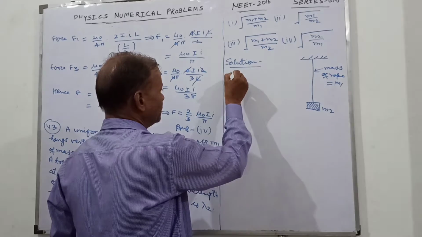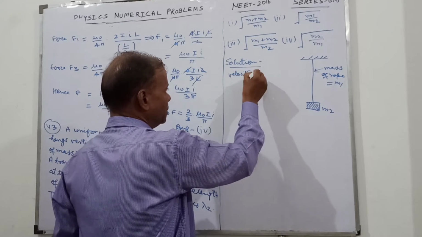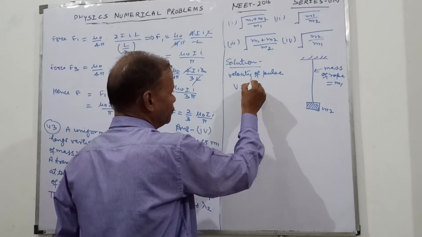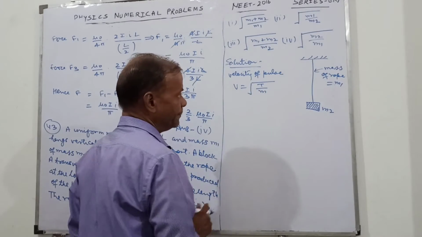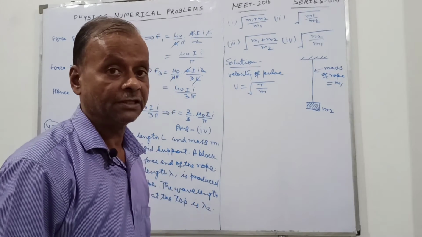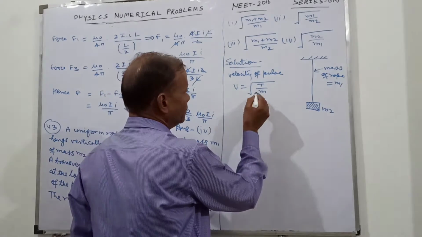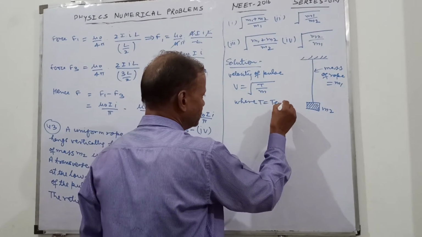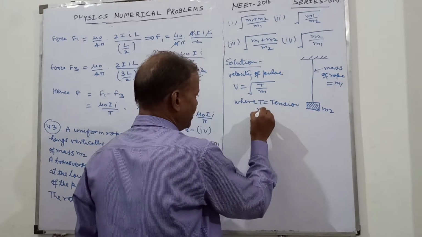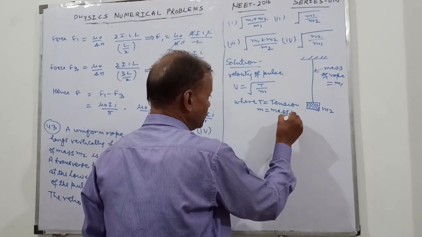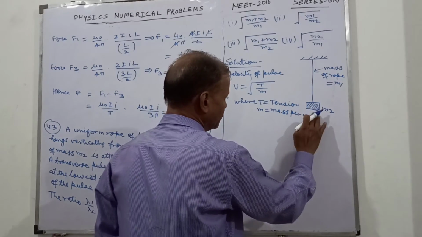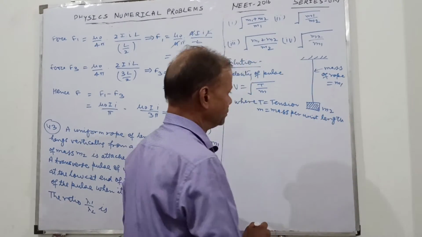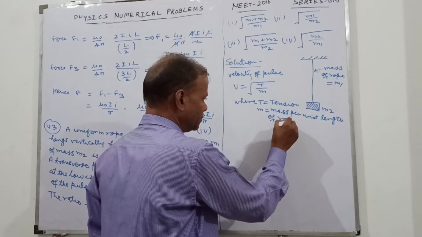The velocity of the pulse v equals square root of T upon mu, where T is the tension in the string and mu is the mass per unit length of the rope.